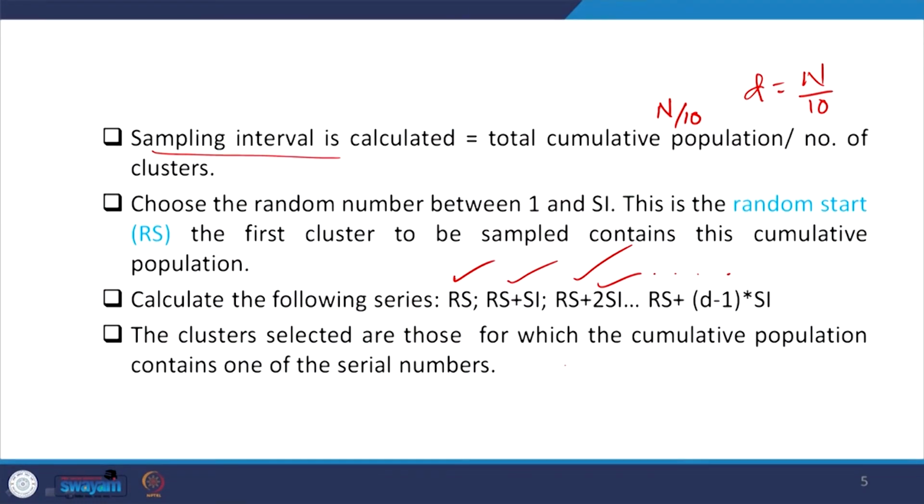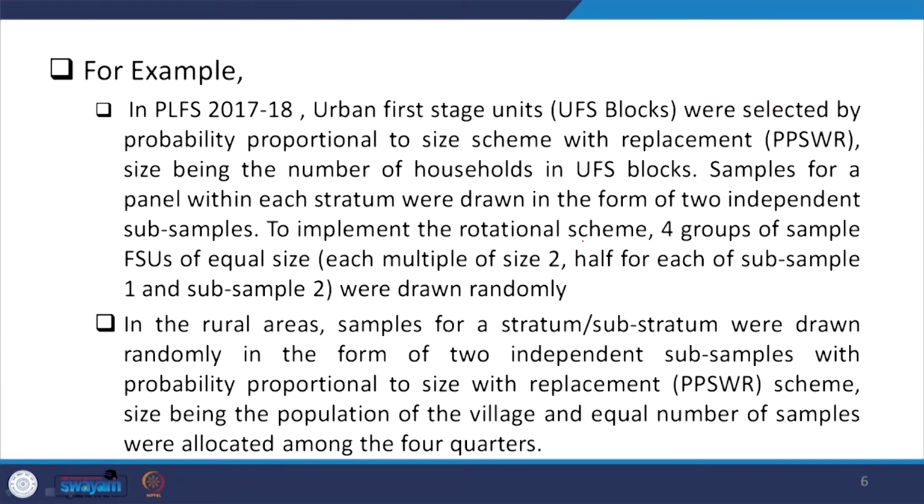One is your cluster design, then randomization, then the third one is the systematic approach, because you keep on adding the sample interval to the first unit selected or to the second unit selected. So three methods are simultaneously included in probability proportional to size sampling.